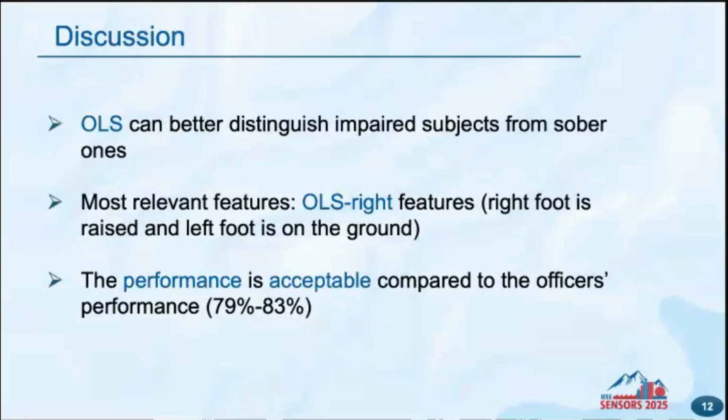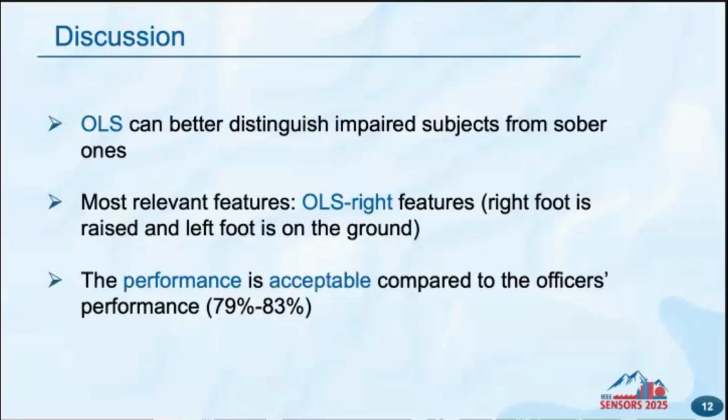So overall, as I've mentioned before, one-legged stand can better distinguish impaired participants and sober participants. The most relevant features are the one-legged stand right features. This is when the participant is asked to stand on their left foot and their right foot is raised. We explain this as because most of our participants were right-handed, and their left foot is their non-dominant foot.